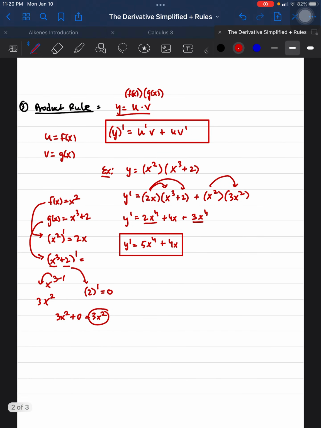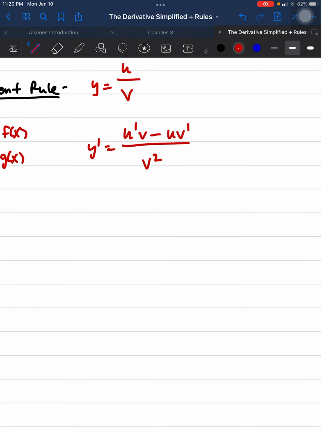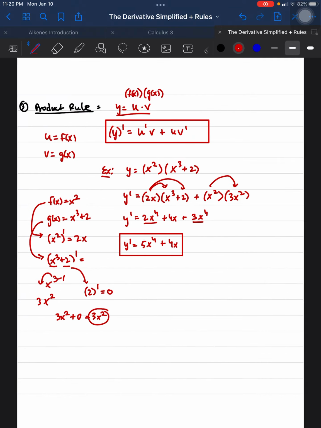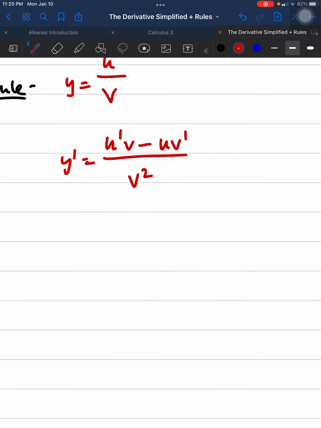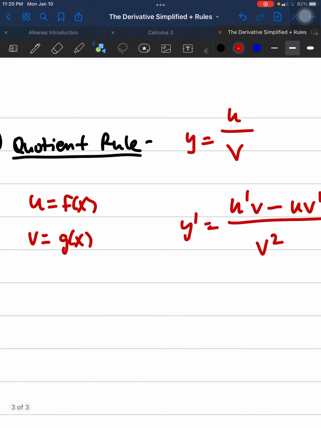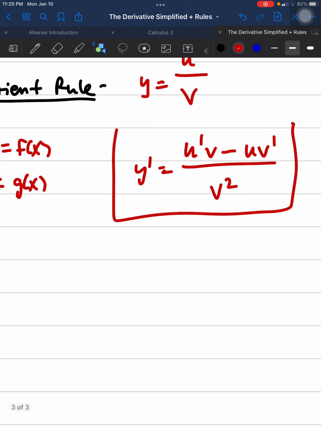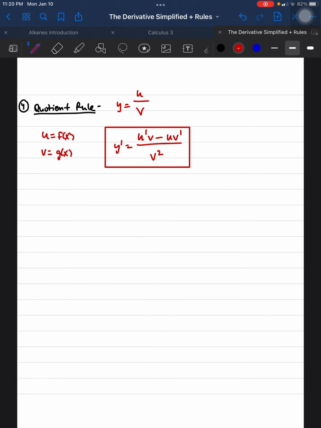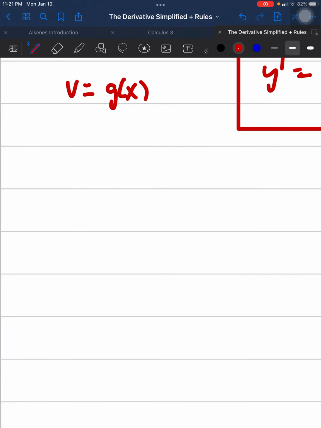So you see how it's a little similar to the product rule, but it's a whole lot different, because over here you're actually adding two products, and in the quotient rule you're subtracting two products and then dividing by a square. So this right here is the general formula that you're probably going to have to memorize. I'm going to give you guys a quick example of this formula in action.